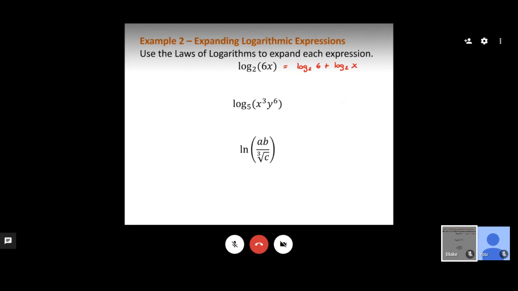Since they have two different exponents, we can't deal with that first, because it's going to be two different things. So split up the multiplication first, then deal with your exponents. When I do that, like we said before, the multiplication is going to become addition. So we're going to have the base 5 log of x to the third plus the base 5 log of y to the sixth. Any questions about that step?